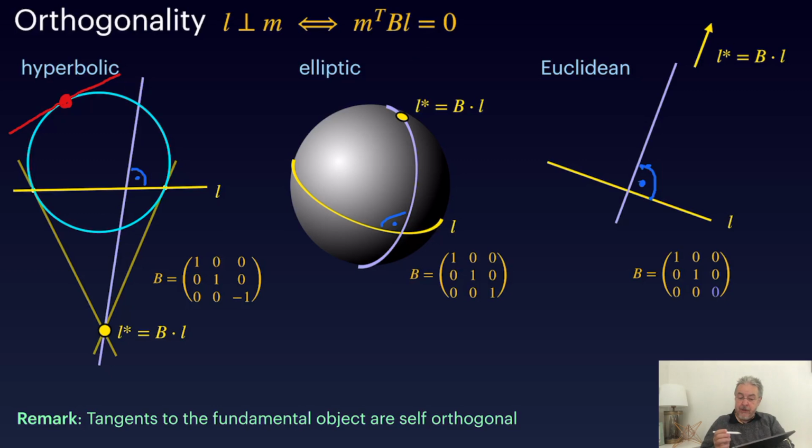So you should consider the line at infinity being orthogonal to any other line in the Euclidean plane, which is something that we usually don't encounter if we talk about Euclidean geometry.